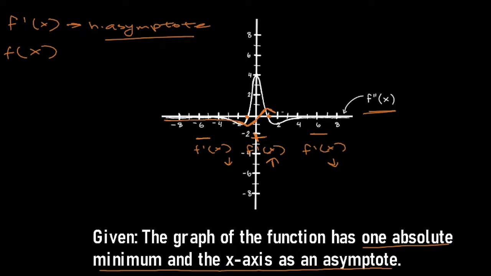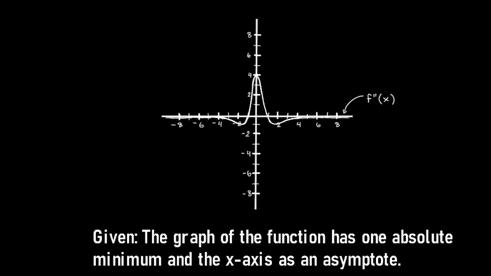Now, similar to f double prime, f prime of x is below the x-axis from negative infinity to the origin, which is this point. And from this point to positive infinity, it is positive. So f of x will increase from the origin to positive infinity and decrease from negative infinity to the origin.